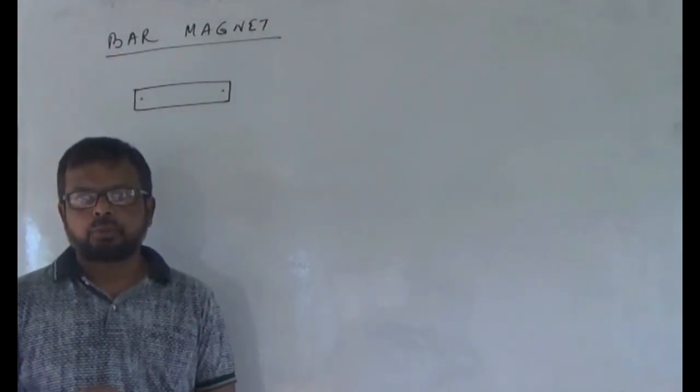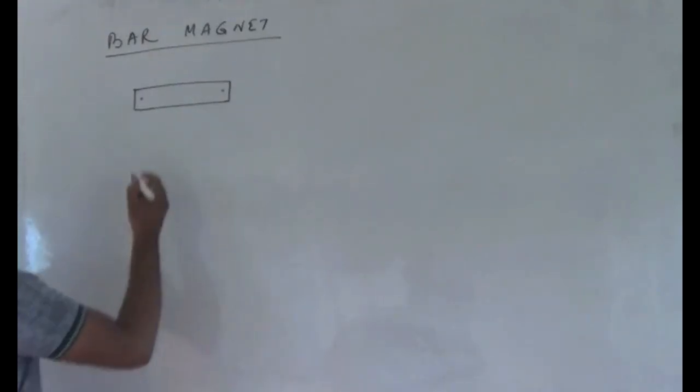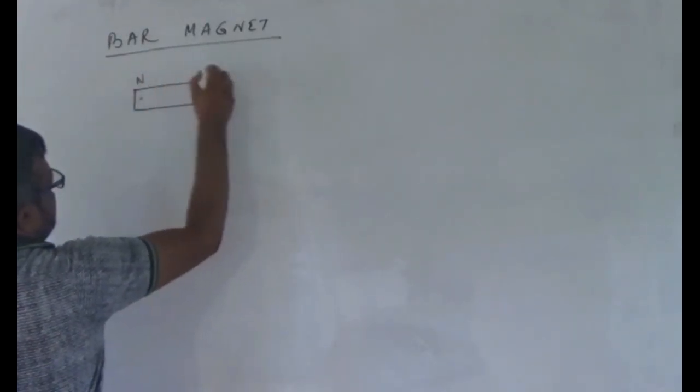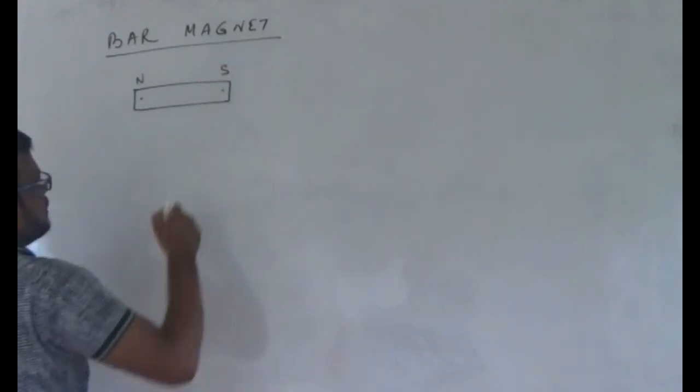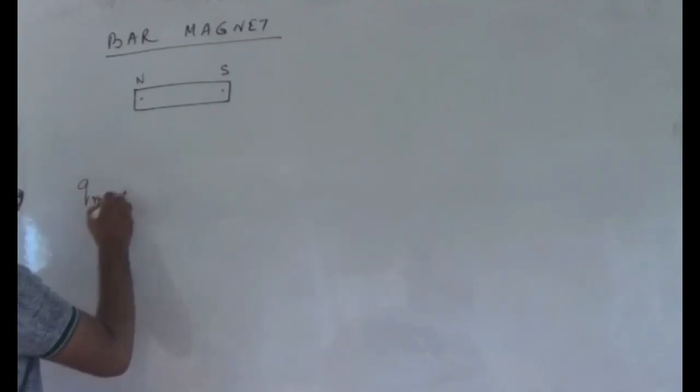A magnetic dipole consists of a pair of magnetic poles, one north pole and the other south pole, separated by a small distance. Let us say this is the north pole and this is the south pole. The strength of the pole is denoted by Qm.